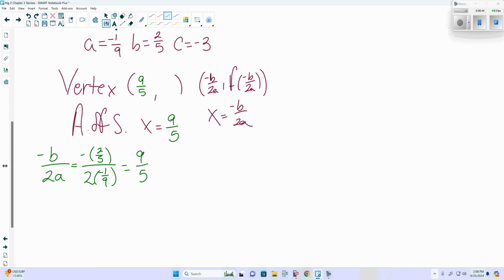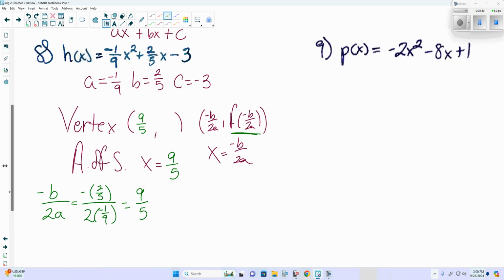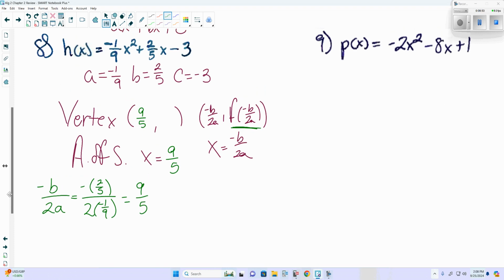We have all that there. Only thing we're missing is the f of negative b over 2a. Just plug it back into the original function, replace all of the x values with 9/5. So what that will tell us is negative 1/9 times 9/5 squared plus 2/5 times 9/5 minus 3.